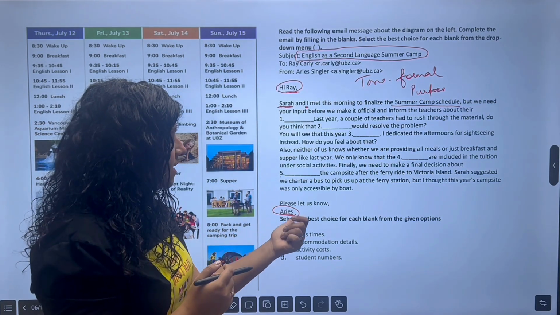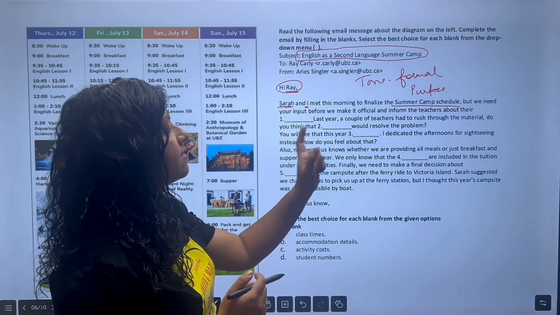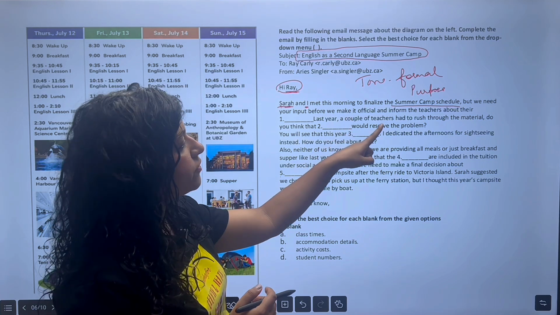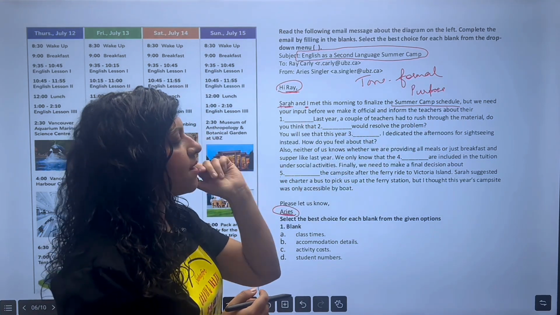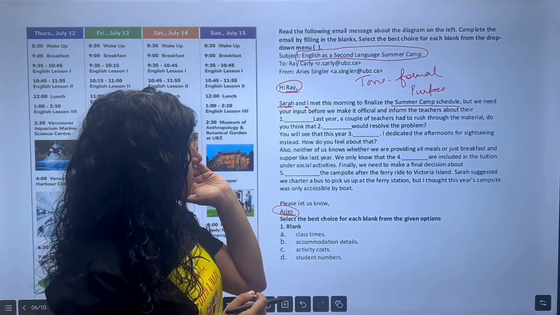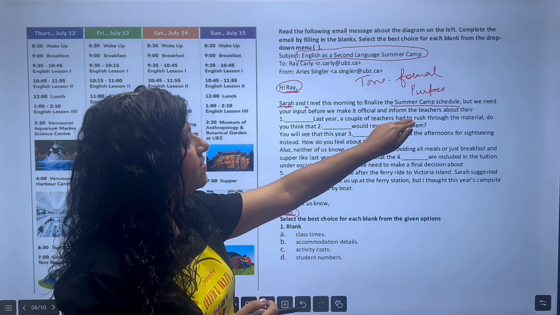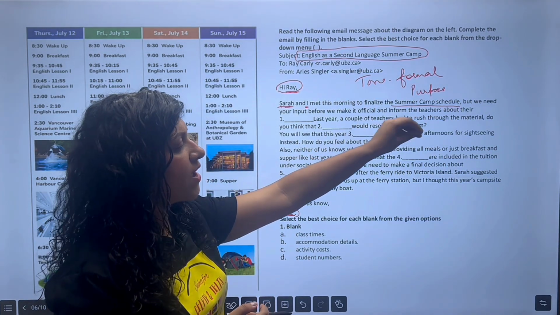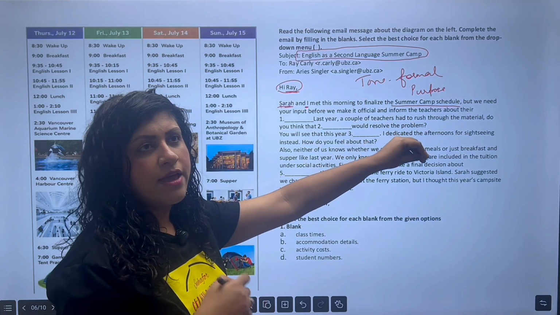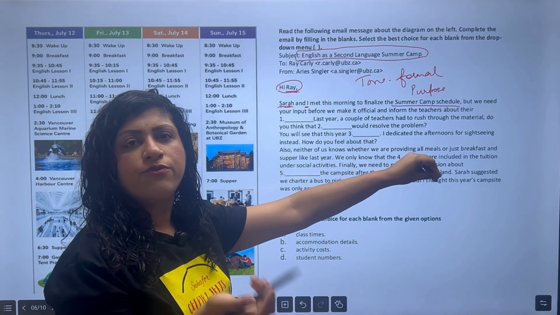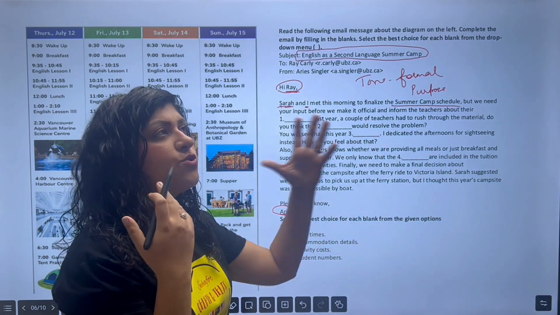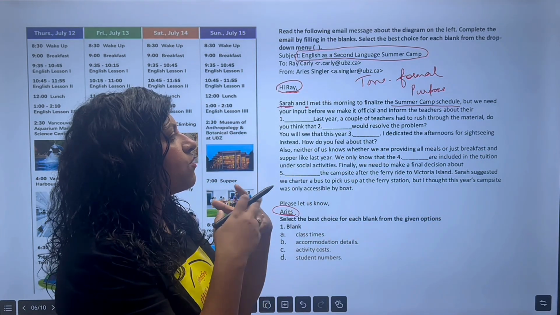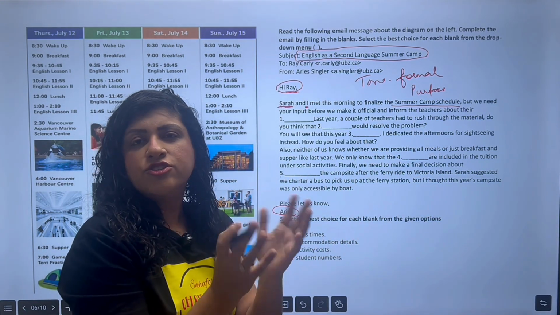In that case, Aries is saying that before we make it official, we inform the teachers about their something. So if Aries is saying that based upon the finalization of the schedule they are going to inform the teachers about something, think logically what they will inform the teachers about.